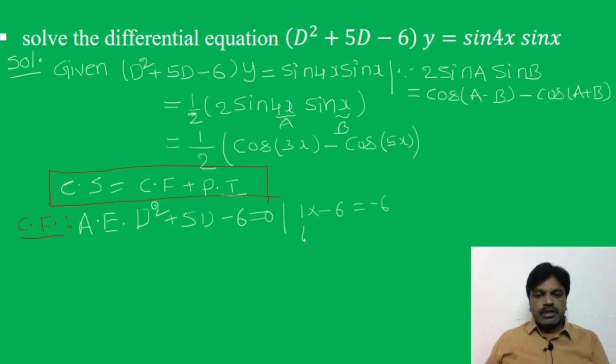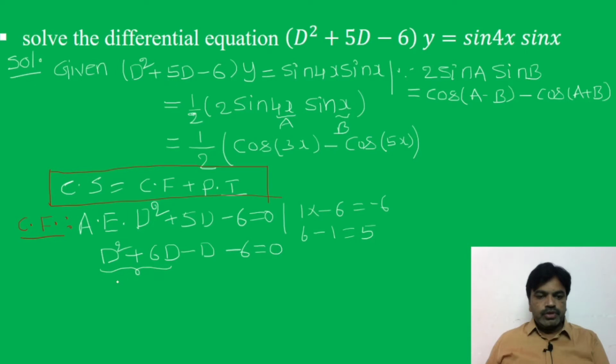So I can write 6 minus 1 equals 5, and 6 into minus 1 is minus 6. So it can be written as D square plus 6D minus 1 into D minus 6 equals 0.